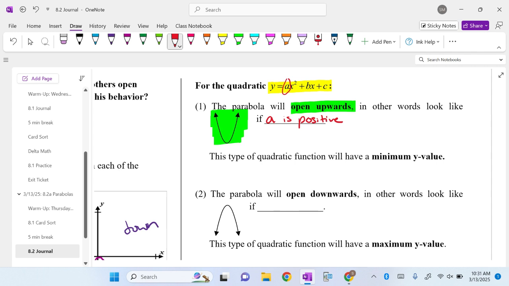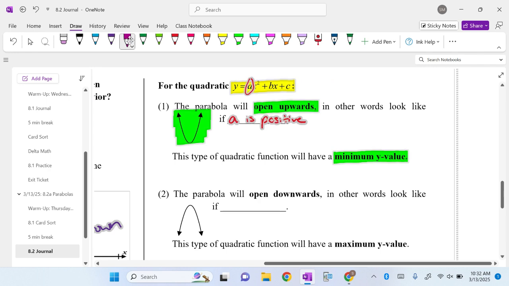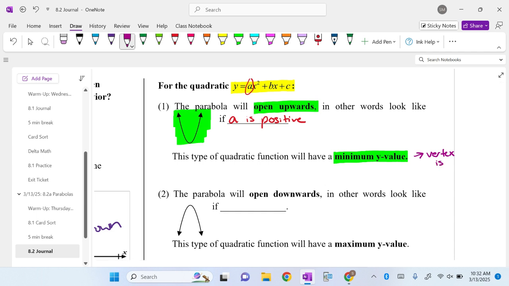So this a, the value next to the x squared, if it's positive, it's going to open upwards. That also means that since it opened upwards, it will have a minimum y value. And all that means is that your vertex is your min. So the vertex is your min for the graph.